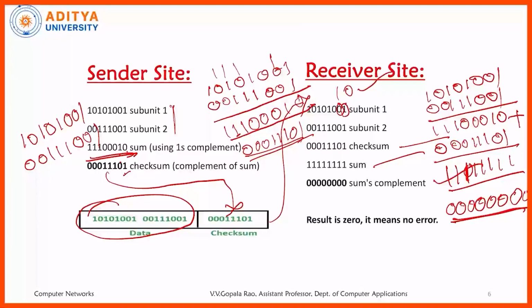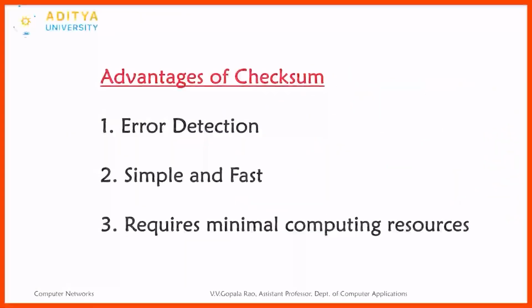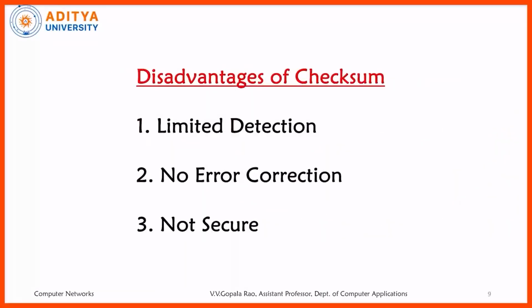That means, when 2 bits are altered, this will not give you the correct result, but if an odd number of bits are altered, then you can find the error that occurred.